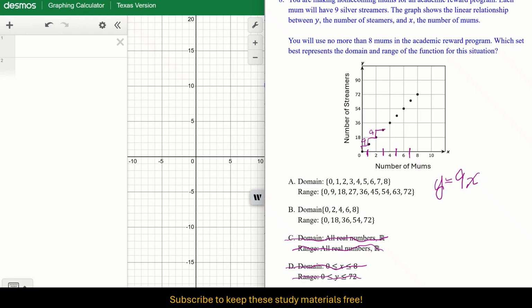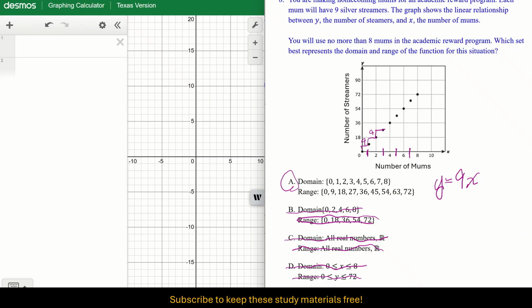So that means option B has to be marked out because it tosses out our odd values, which are counted and have value on our graph. Okay. So that being said, we are left with A.